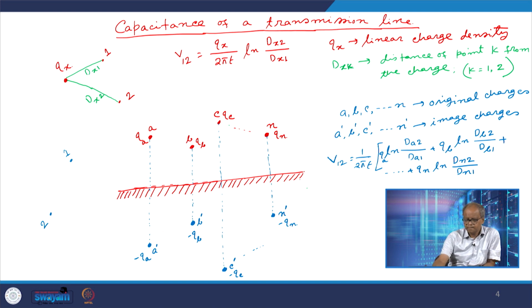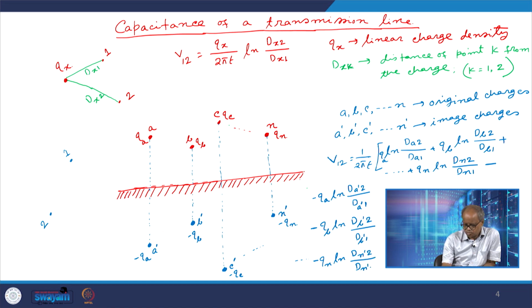So these are the expressions of the voltages due to these individual A, B, C and N charges, and then I have to also add the expressions for the image charges, and then minus QA log dA dash 2 by dA dash 1, then minus QB log dB dash 2 by dB dash 1, and then dot dot dot minus Qn log dn dash 2 by dn dash 1, right?